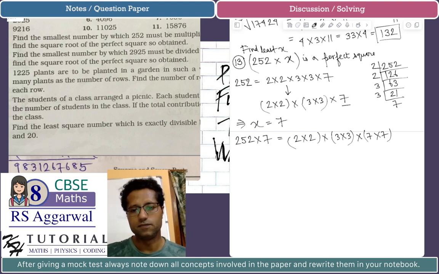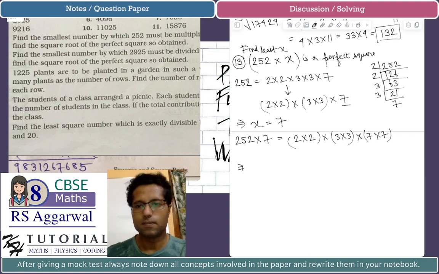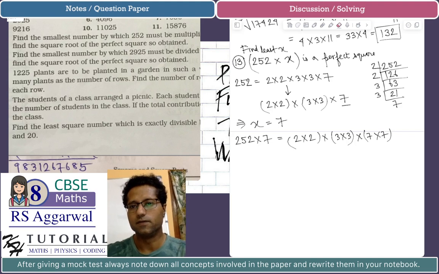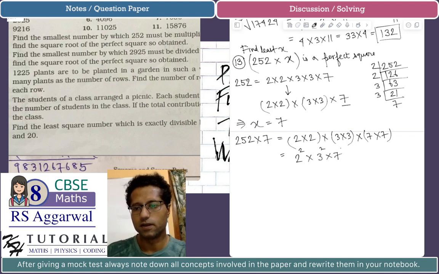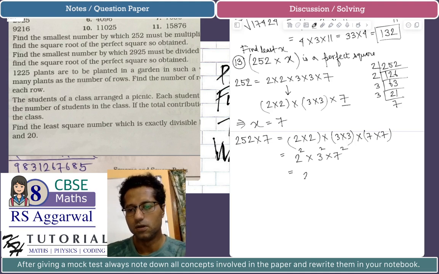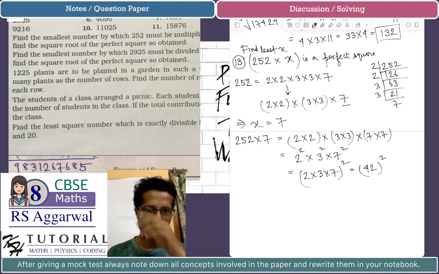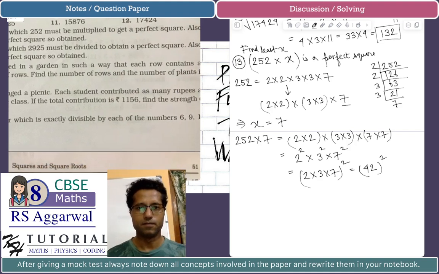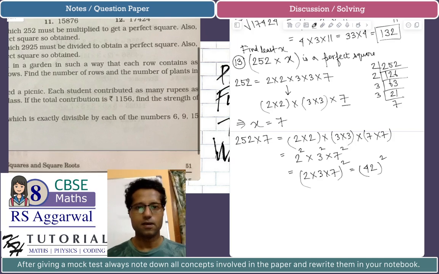So now 252 multiplied by 7 is 2 square multiplied by 3 square multiplied by 7 square, and from the laws of exponents we can say that this is equal to 2 into 3 into 7 whole square, which is equal to 42 whole square. So the question was, find the smallest number by which 252 must be multiplied to get a perfect square, which is 7 in this problem.